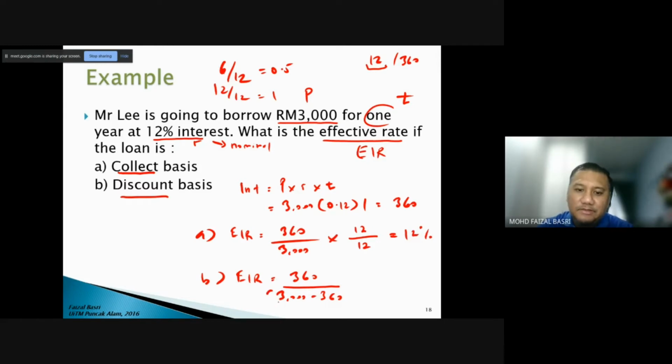Then you times 12 over 12 also. So what happened here? 360 divided by 3,000 minus 360, times 12 over 12. As you can see, the rate has increased to 13.6%.